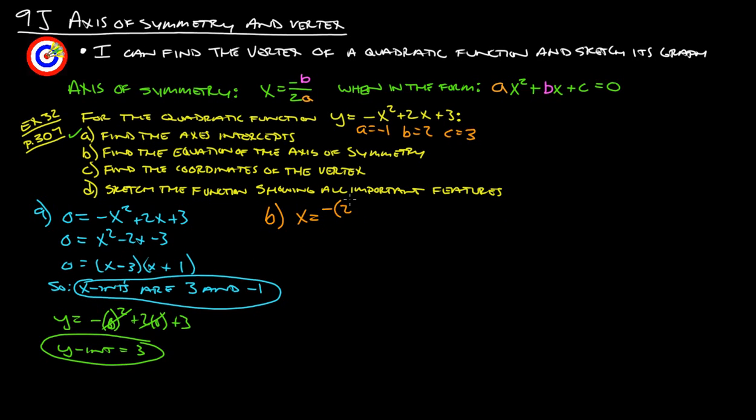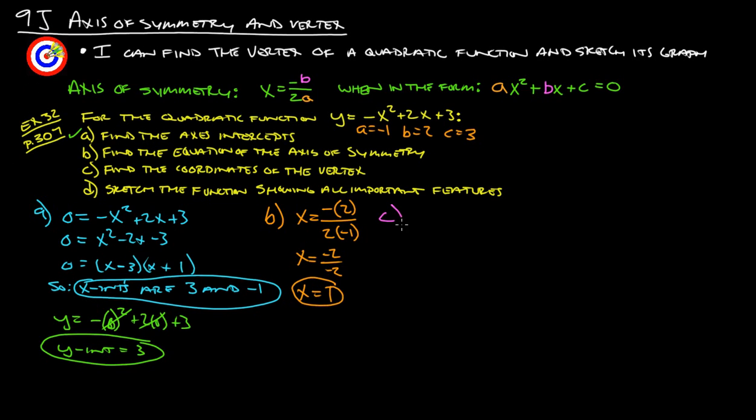So we get negative 2 over 2 times negative 1. So for this we get negative 2 over negative 2. So the equation of the axis of symmetry is x equals 1 for part B.